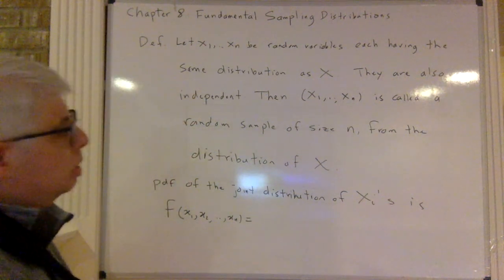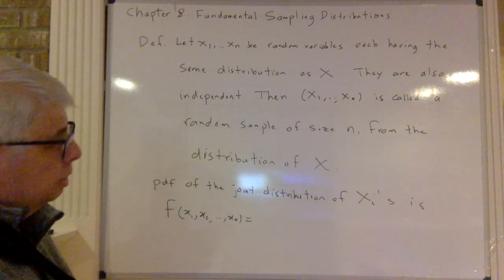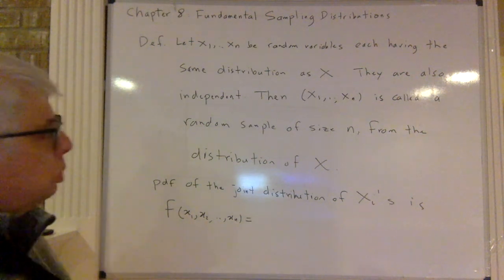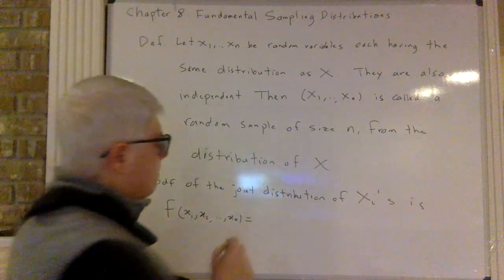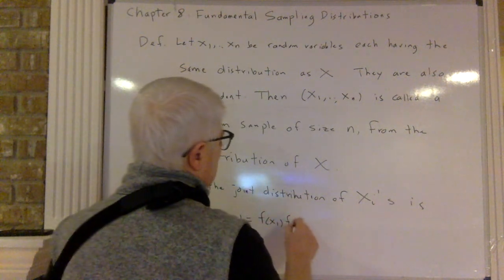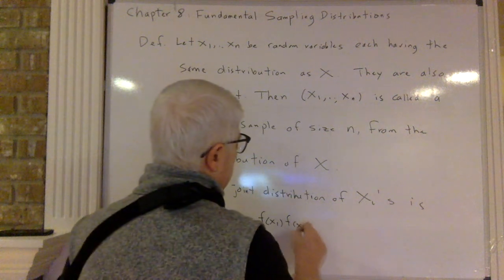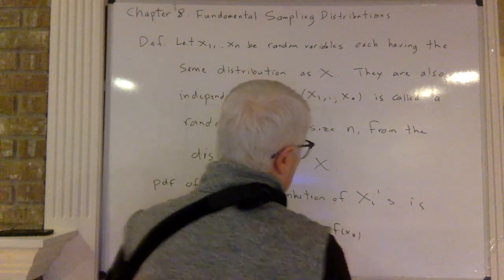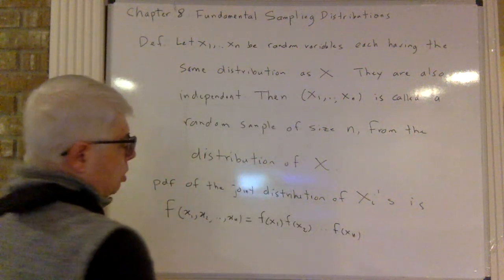Since they are independent, we know that this splits into n functions. All of them are the same, in fact, all functions are the same.